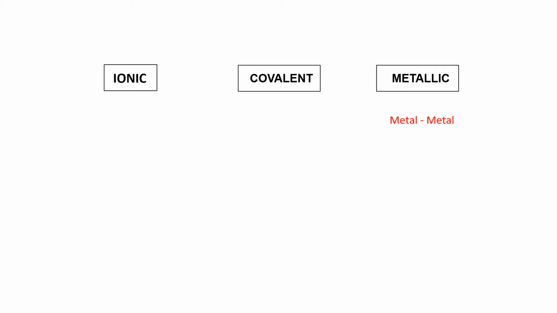Especially, metallic bonds are formed between metal and metal atoms, covalent bonds mostly form between non-metals, and ionic bonds are formed between non-metal and metal. Those are the special features of these three types of bonds.